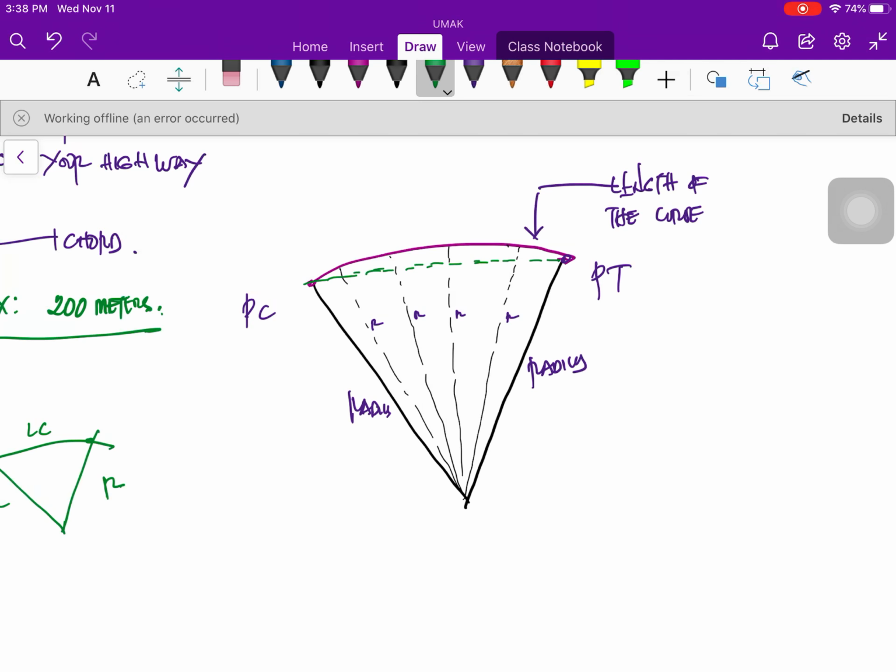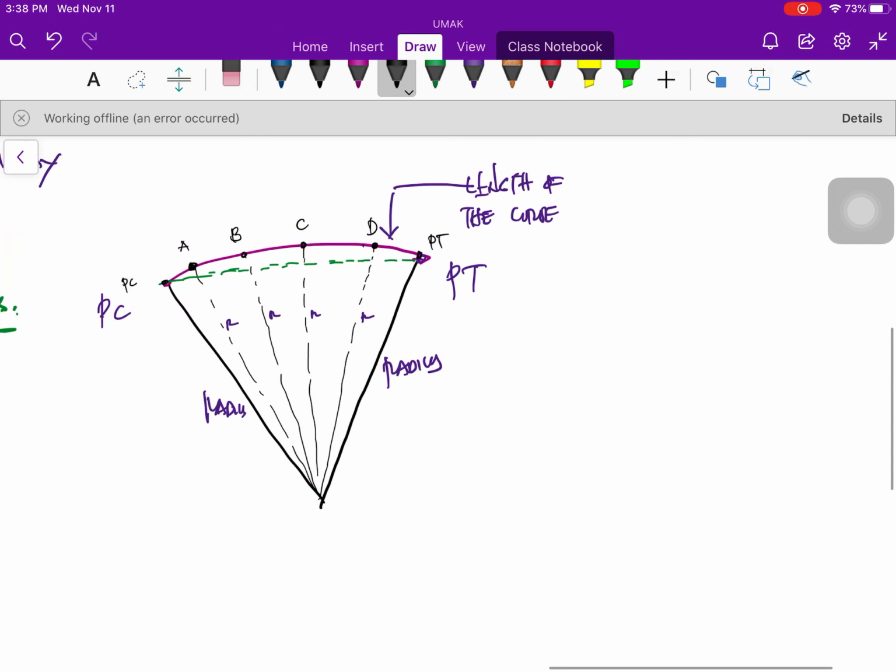For example, they're having different stations. This is your point of curvature. Then let's say this one is station A, this one is station B, this one is station C, this one is station D, and this one is the point of tangency. It depends on the stationing and how big it is.